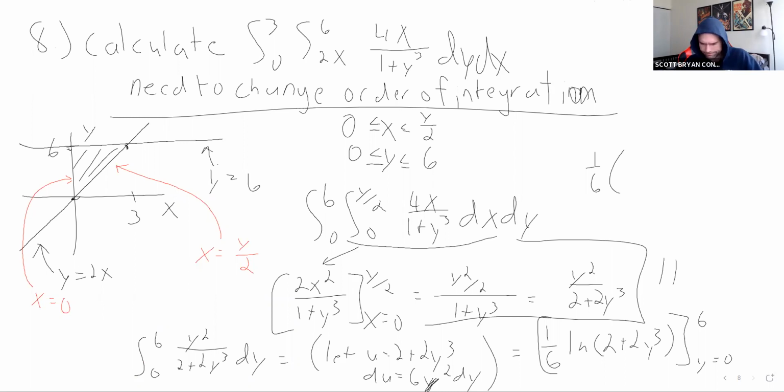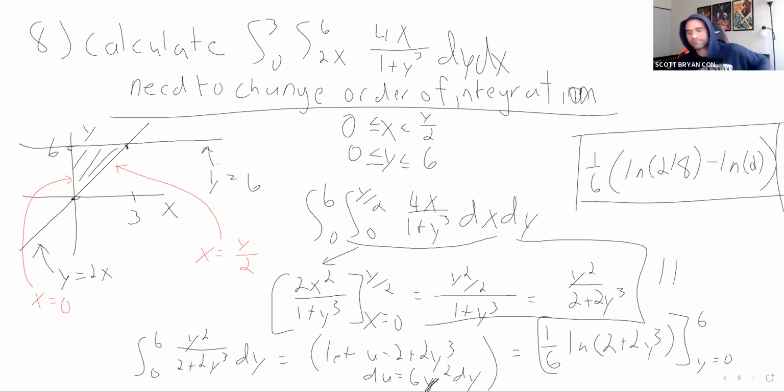Or sorry, 216. Yes, 216 plus 2 is 218. And then minus natural log of 2 plus 0. You can simplify if you want, but don't waste your time, honestly. Just leave it as is. And that's our solution.